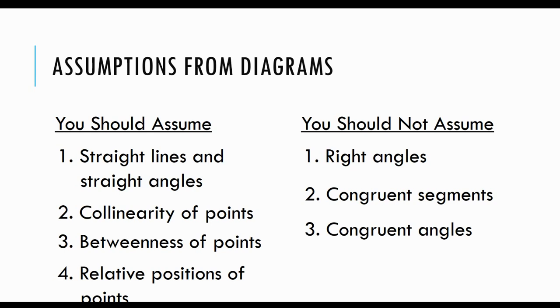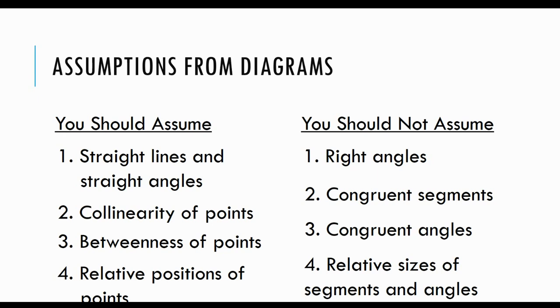So along the lines of having right angles, I can't assume, yeah, that this angle and this angle are both 50 degrees. Unless I'm told that, I cannot assume that. So unless I have markings inside the angles that are the same, or I'm specifically told, yes, this angle is congruent to this, I cannot assume it.